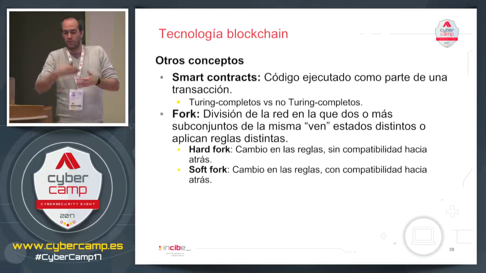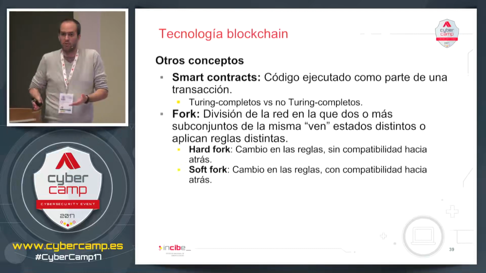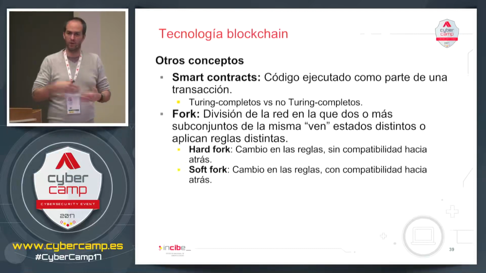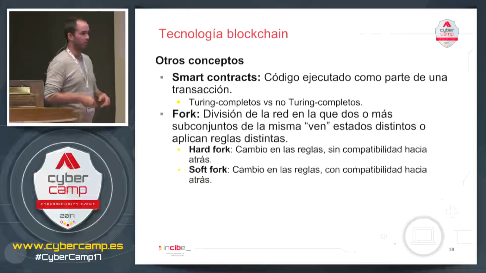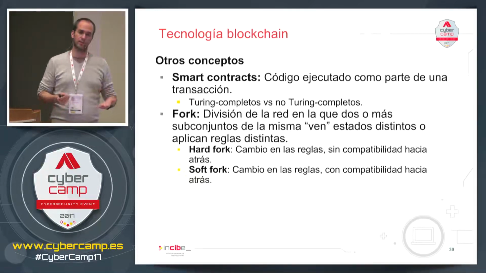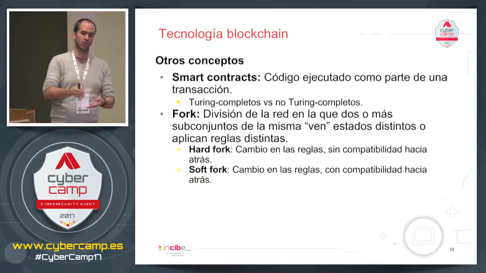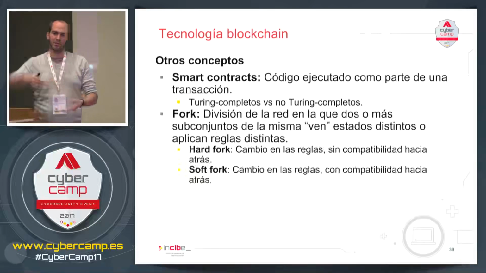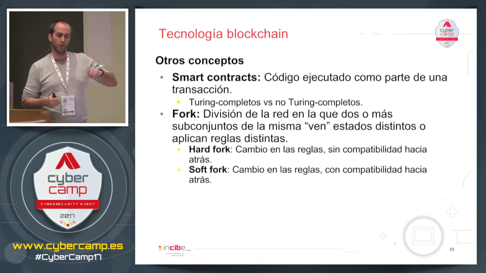functionalities of forks. As Bitcoin is software, or any blockchain is software, changes have to be made occasionally, just improvements or to correct bugs, to debug. And you can have two cases. You could have a hard fork or soft fork. A hard fork is when the changes aren't compatible backwards. So every time they're updated, they're going to think the rest of the nodes are malicious and will reject all the transactions.